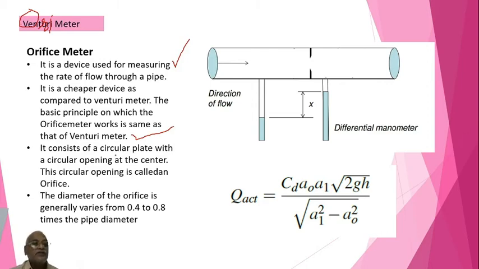So it consists of a circular plate. Look at this. If you look from the front, how it looks is quite simple. I'll draw a picture here. The pipe diameter is something like this, and then if you see this one, it will have a hole like that. That is an orifice. This is sharp edged. You can observe this.